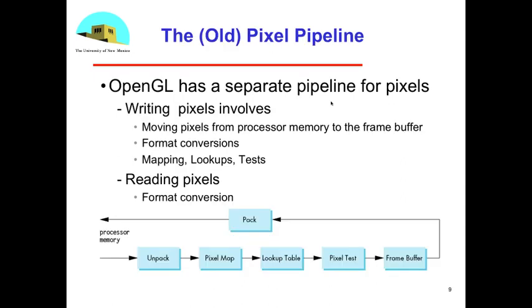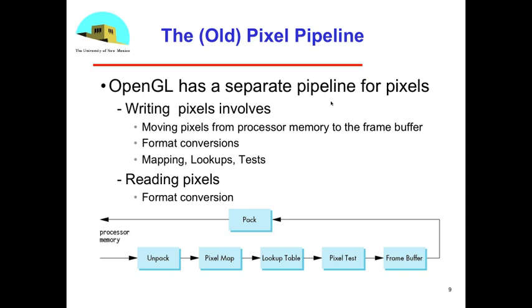Okay, now I want to give you this one slide that I saved from the older version to show you the kind of operations that have to go on in general when you're bringing image data into an application and then trying to get it out again. So this is truly a desktop OpenGL point of view.